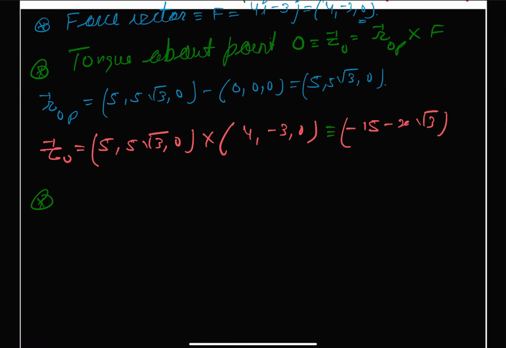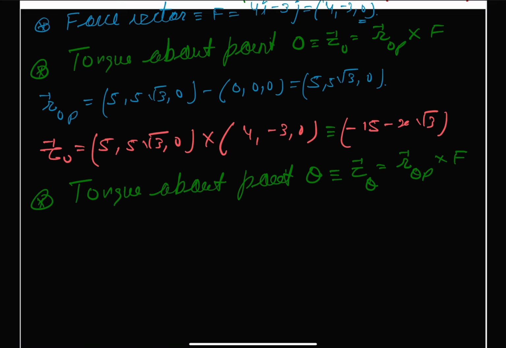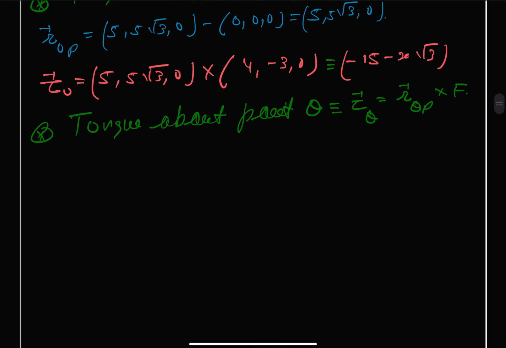So we can say torque about point Q, the formula will be the same. Torque Q is equal to r QP cross F. So we can write the position vector QP will be equal to 5, 5 root 3, 0 minus Q, which is 10, 0, 0.